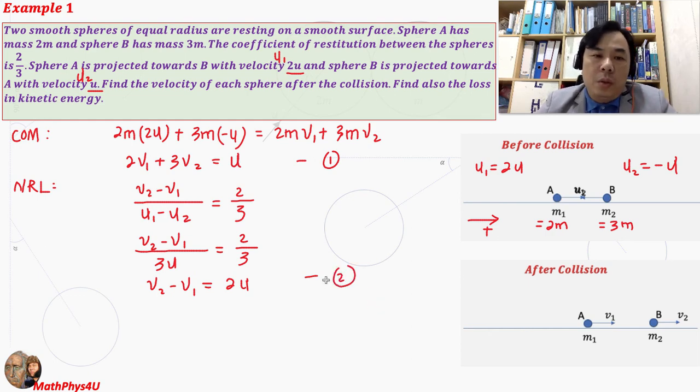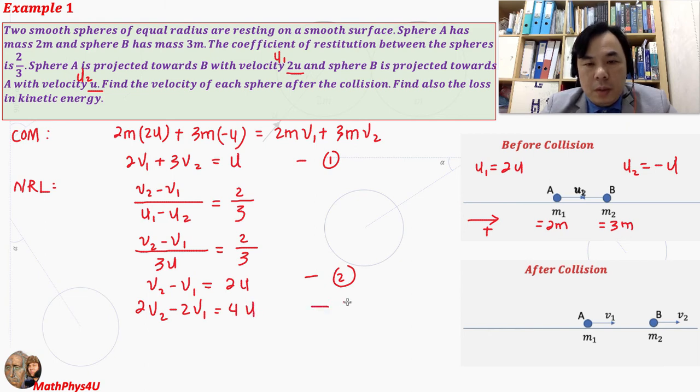And then all we need to do is just solve this simultaneously. Now, if you want, you can multiply 2 onto here. So if you multiply 2 onto here, you will get a 2 v2 here, 2 v1, which is a 4u. Yeah, maybe I will label this as 3 in this case if you want.